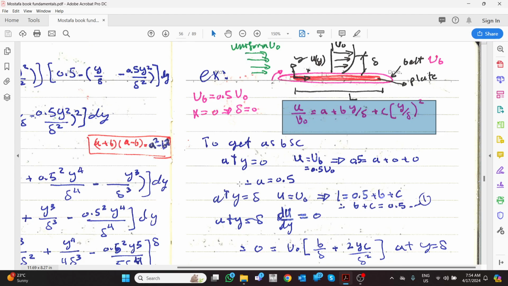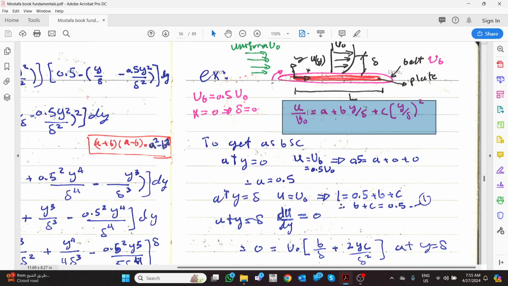And the third condition, we already used something like this, which is that there is no friction while there is flow inside two tubes. And we said that if there is no friction anymore, we can write that du by dy equals 0, which is at y equals delta also as well.